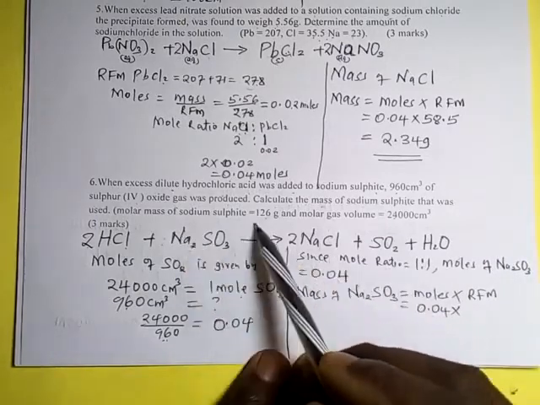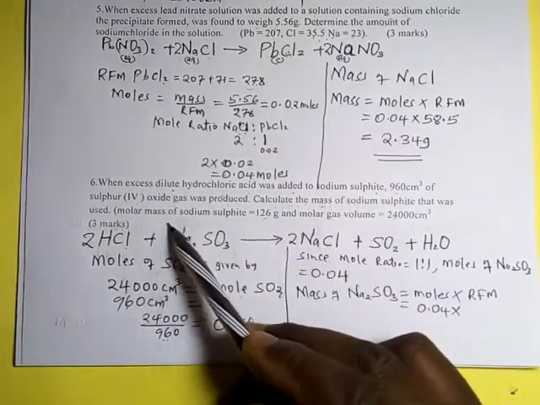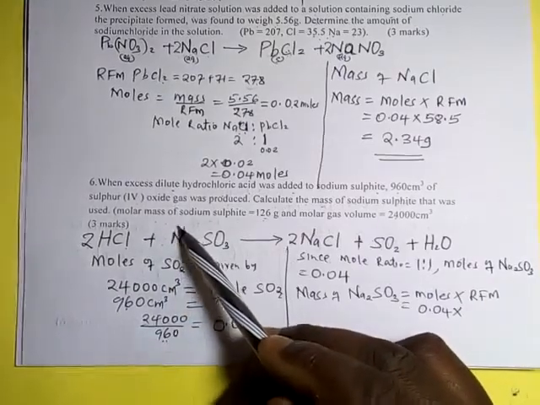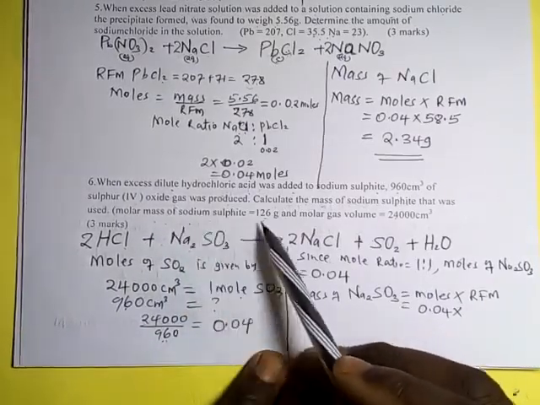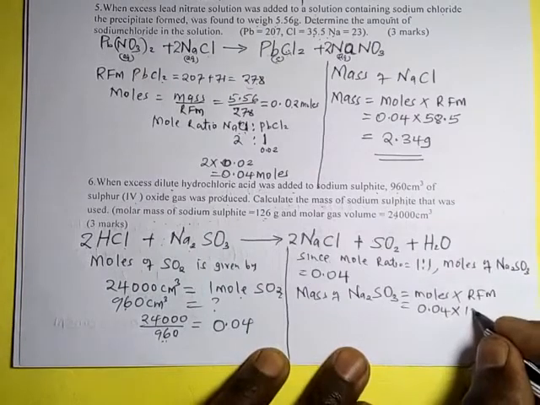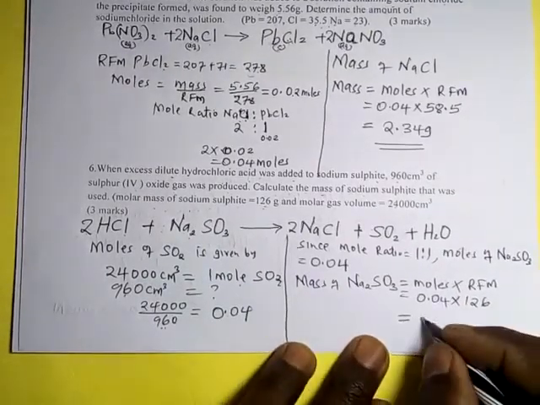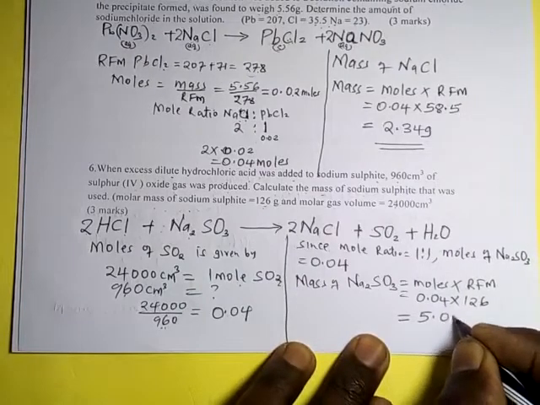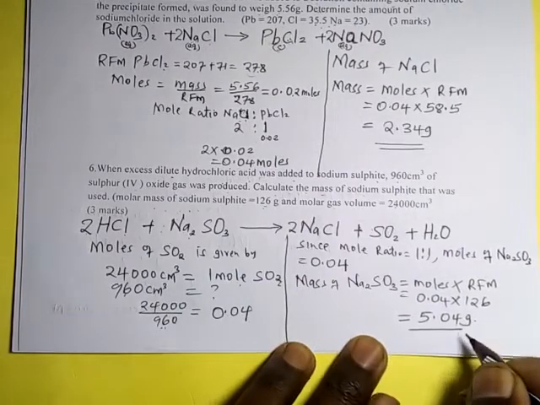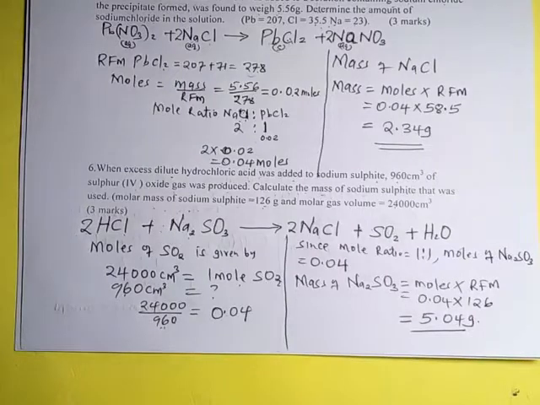We have been given the molar mass, which is the same as Rfm, relative formula mass. So it is 126, and this gives us 5.04 grams. And that is the mass of sodium sulfite that was used, or that reacted with hydrochloric acid.